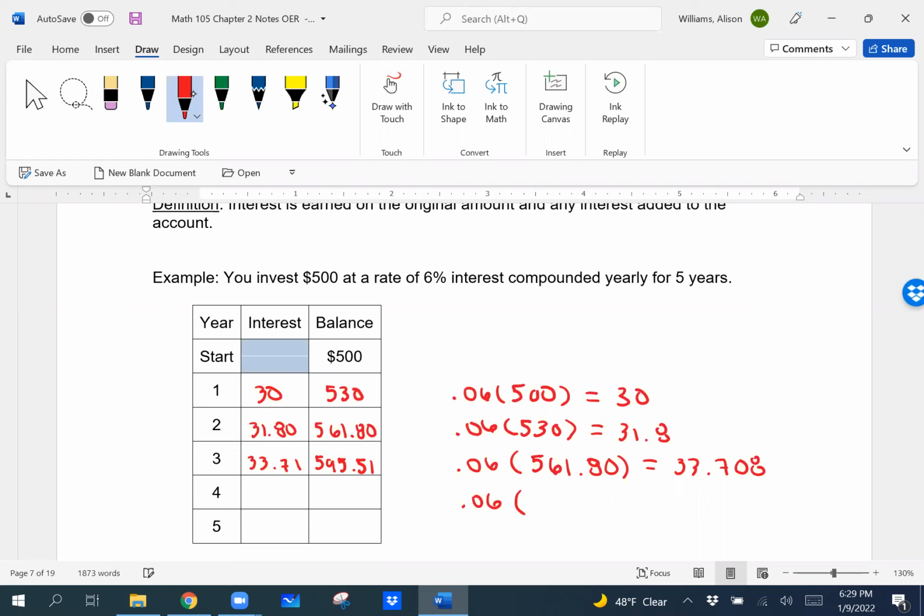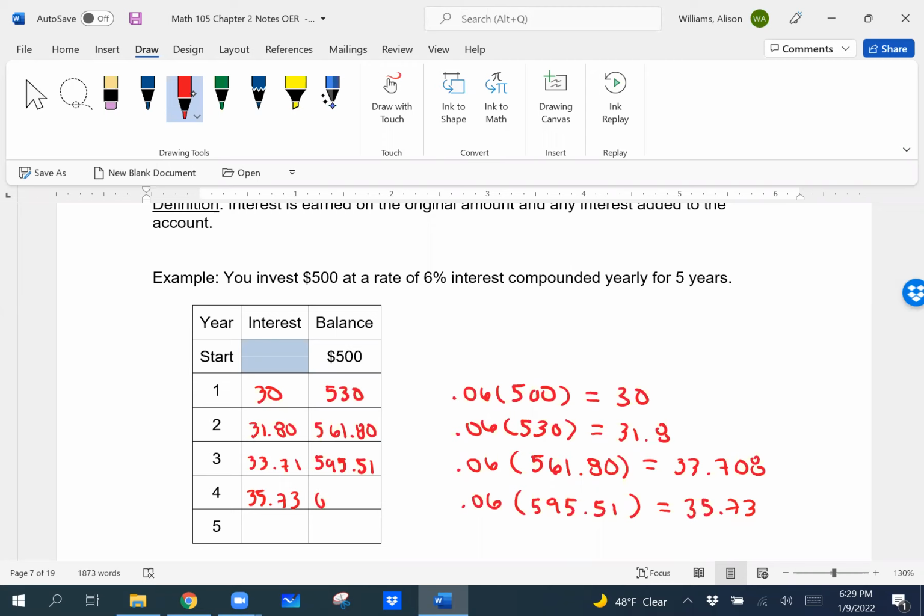All right. So now taking 595.51 and calculating that, I'm getting 35. Here, I'm just going to go ahead and round it to the nearest cent. So 35.73. Technically, I got 35.7306, but 35.73, which I'm going to add to the 595.51.